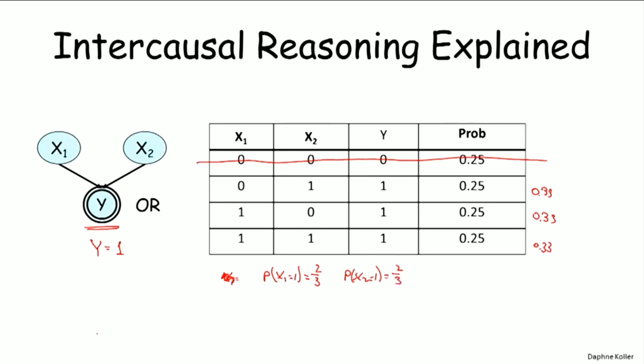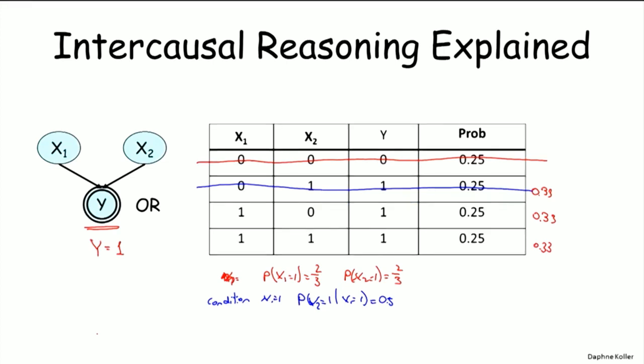And now if I condition on x1 equals 1, so that means we're going to remove this line, and all of a sudden, the probability of x2 equals 1 given x1 equals 1 is back to being 50%. So it was 50% before, it went up to 2/3, and then if we condition on x1 equals 1, it goes back to 50%. And the reason for this is the following, if you think about it intuitively.